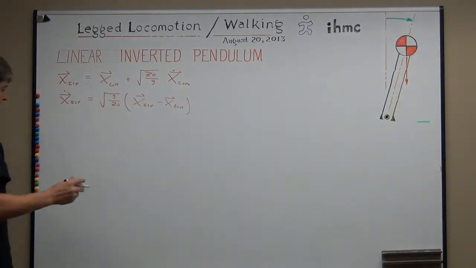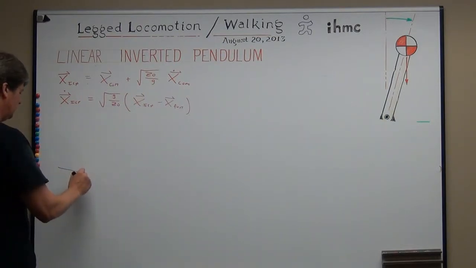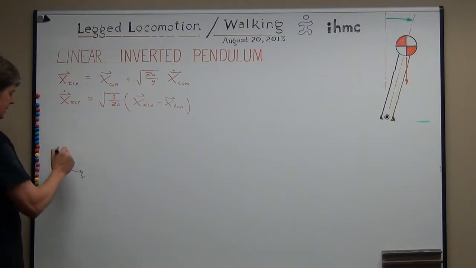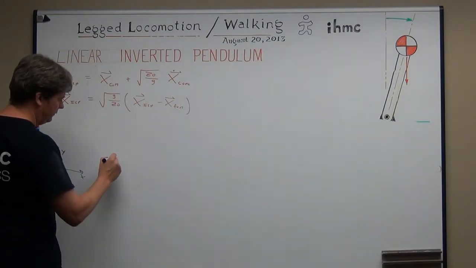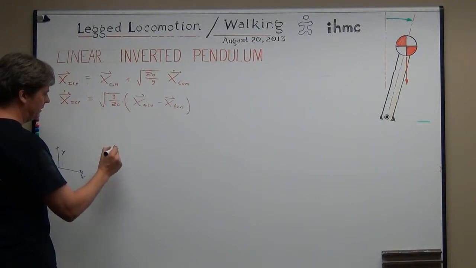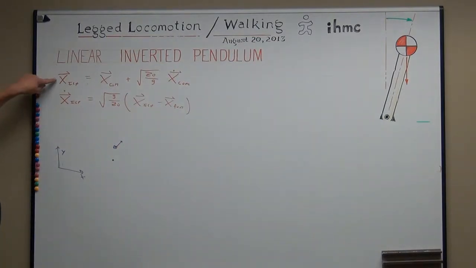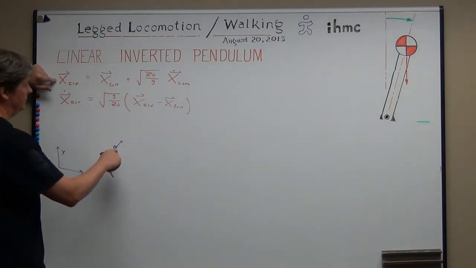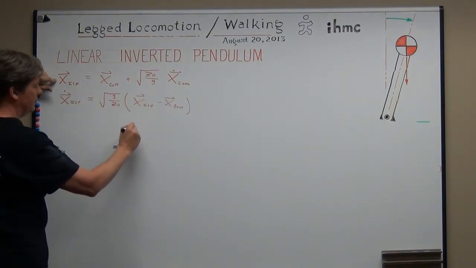So suppose we're looking straight down. So x and y now, and z is out of the board. Okay, and this is where our foot is, and this is where our center of mass is, and it's moving at this velocity. Then we can use this equation to figure out where our instantaneous capture point is. So it's going to be the center of mass position plus some constant times its velocity. So somewhere out here.